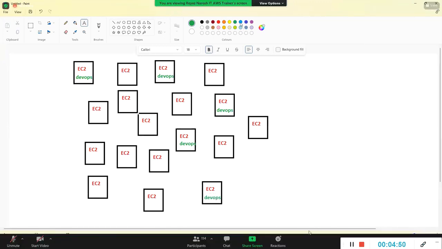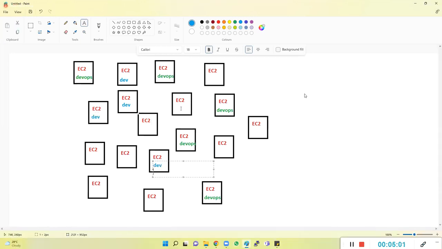And a few EC2 instances are related to developers, dev. It's all dev. And a few EC2 instances are related to admin or, let's say, HR.